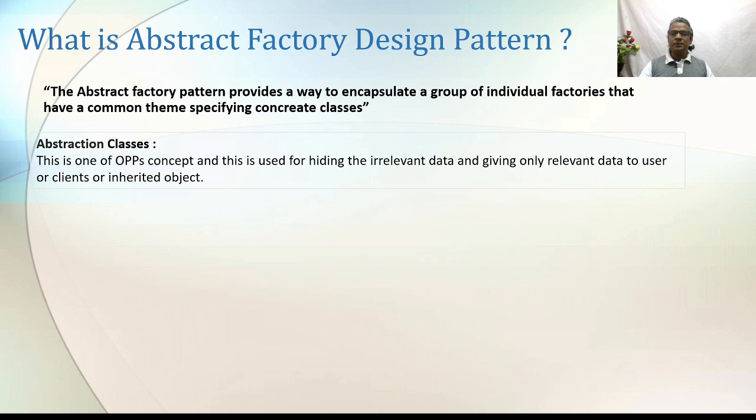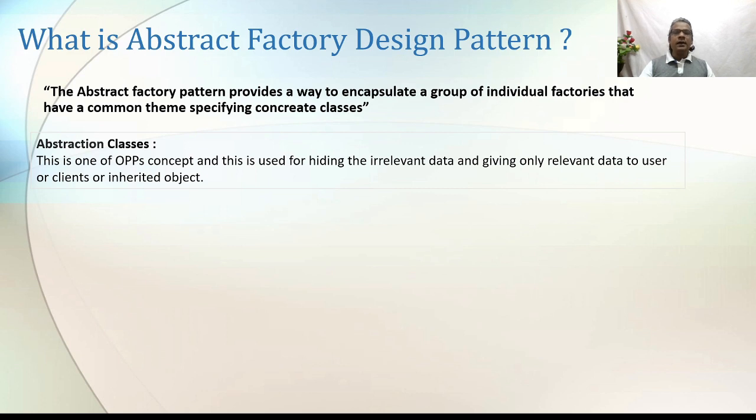Abstract class, abstraction. This is one of the OOPS concepts, and it is used to hide the irrelevant data and give only relevant data to the user or client. Abstraction means hiding the irrelevant data.